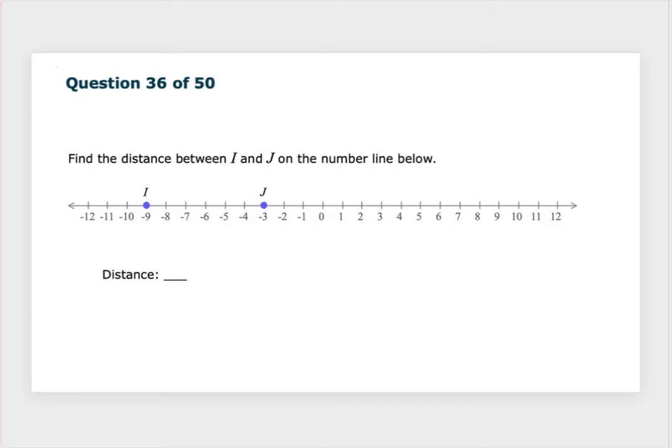Question 36 of 50. Find the distance between I and J on the number line below. A distance is a subtraction. So negative 9 minus a negative 3. Now, I'm going to show you that it doesn't matter which way we write it. Negative 3 minus a negative 9.